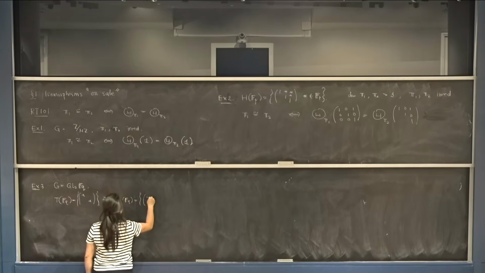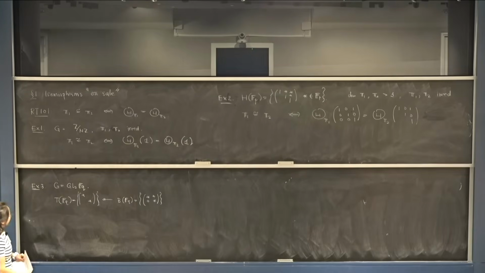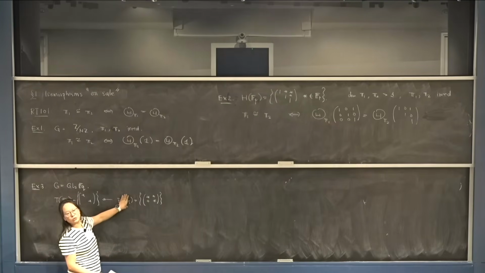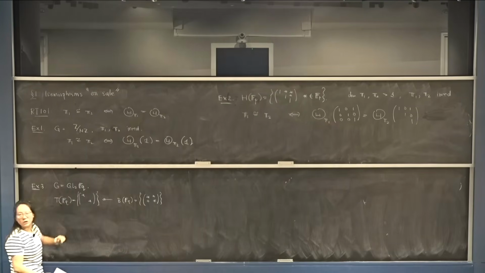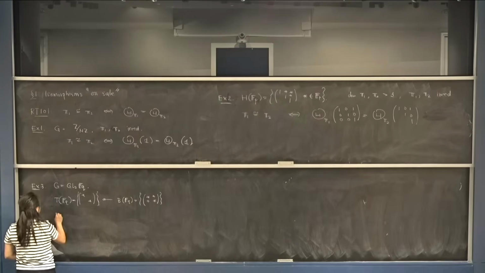Another thing you can do is define the upper triangular ones, call it B. This is an abelian group. It has easy representation theory. Given any character over here, I can pull it back to a representation here, and I can induce. This process a lot of the time gives you an irreducible representation, but not all the time.